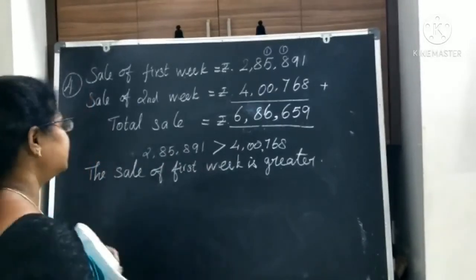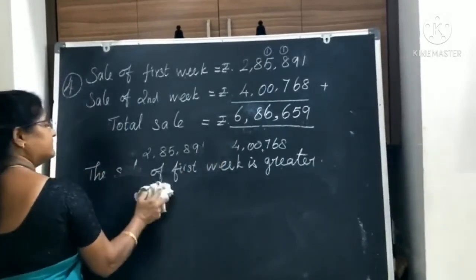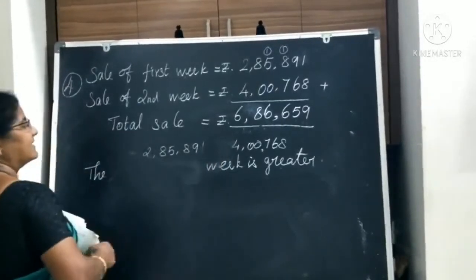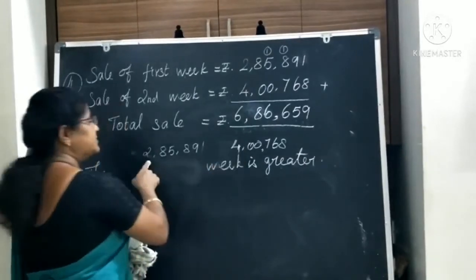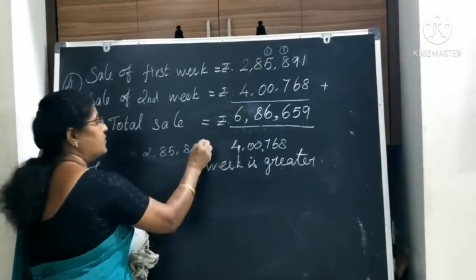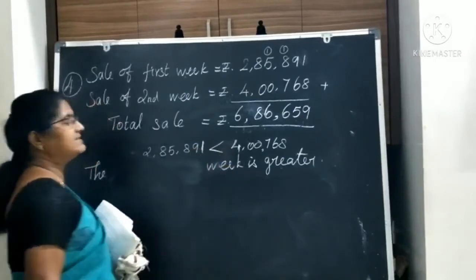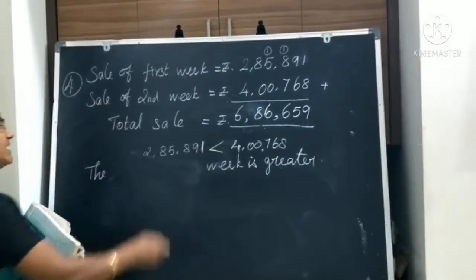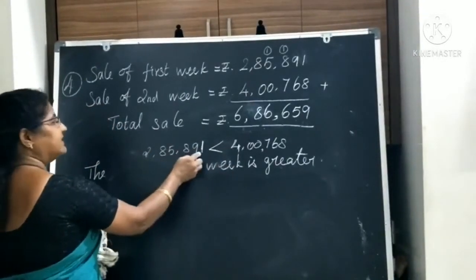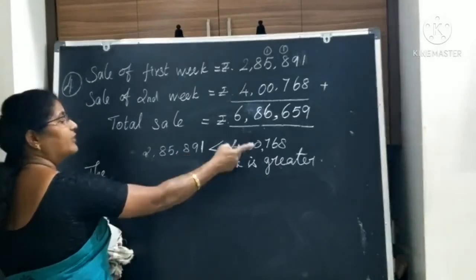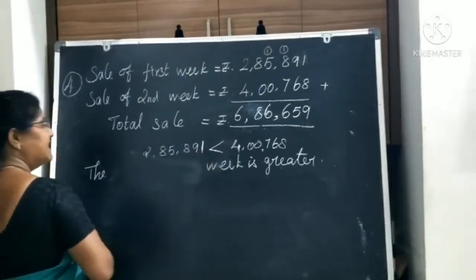Which one is greater? This is 2 lakh. This is 4 lakh. So second week is greater. Sorry. 2,85,891. Here 4,700,000. So second week is greater.